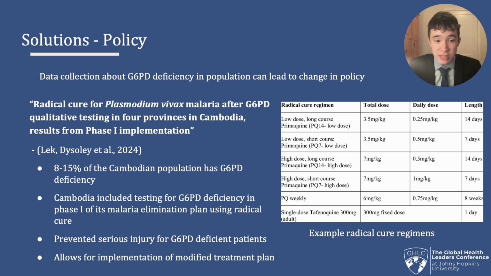And this testing prevented serious injury for G6PD deficient patients, since it allows for the implementation of a modified treatment plan. And as you can see on the table on the right, the example radical cure regimens include antimalarial medications that can cause hemolytic anemia in G6PD deficient individuals, which is why testing and allowing for the implementation of these modified treatment plans is very important.